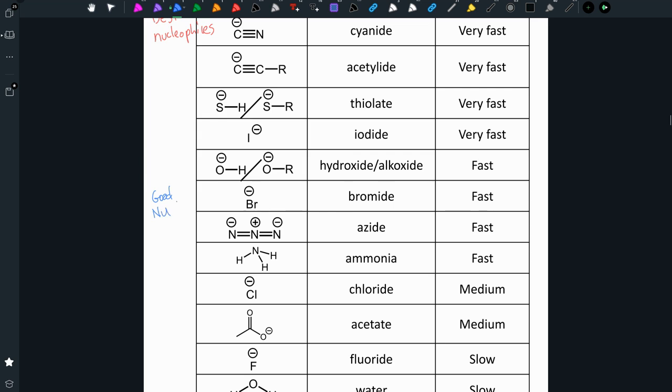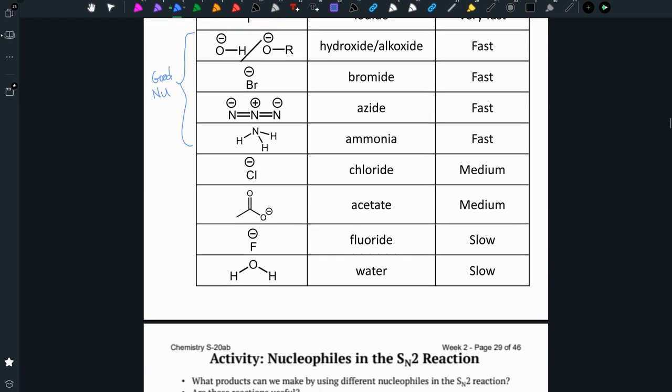The ones listed as fast are good nucleophiles. As you get down to the bottom, they get worse and worse, down to okay to poor nucleophiles.